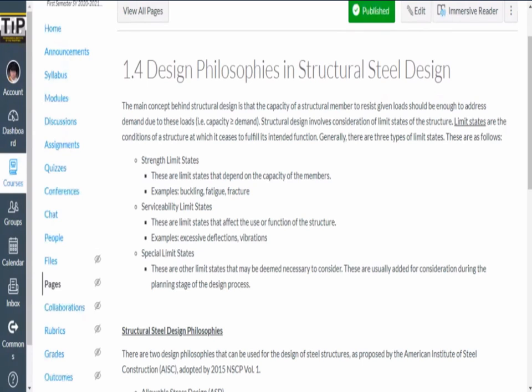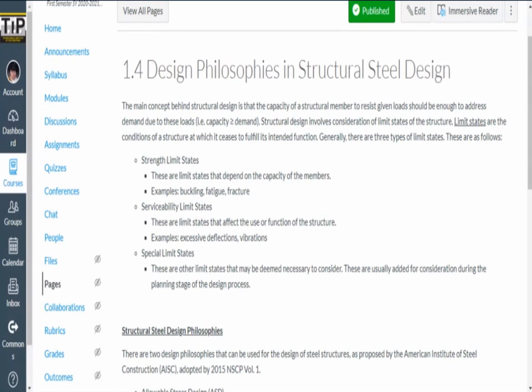Another type is serviceability limit state. So these are limit states that mainly affect the use or function of the structure. It does not necessarily exceed the capacity of the structure, no? But it can impede the use of the structure. So what are the examples of this? Say excessive deflections.